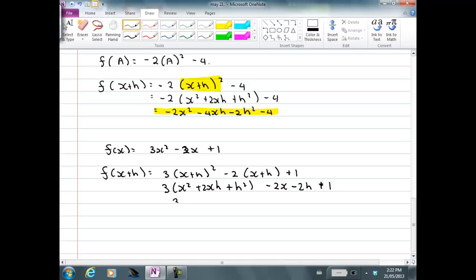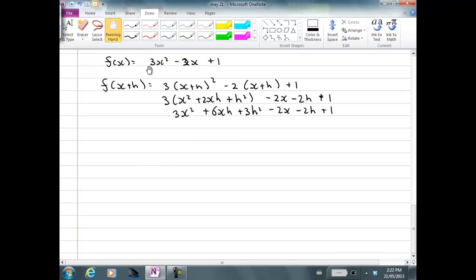So this is 3x squared plus 6xh plus 3h squared minus 2x minus 2h plus 1. I try to simplify if I can, and I realize that you can't do anything more. That is called f of x plus h. That was pretty simple.